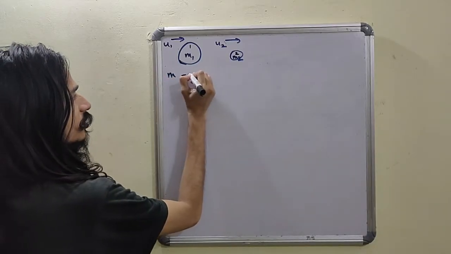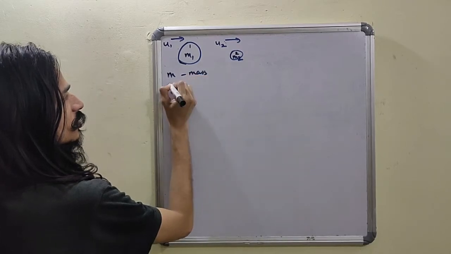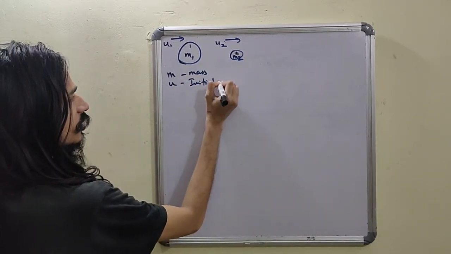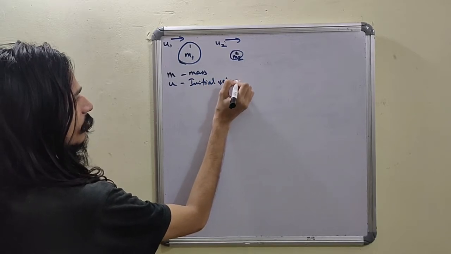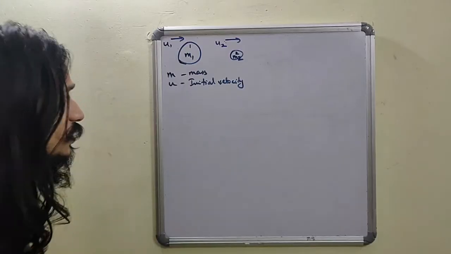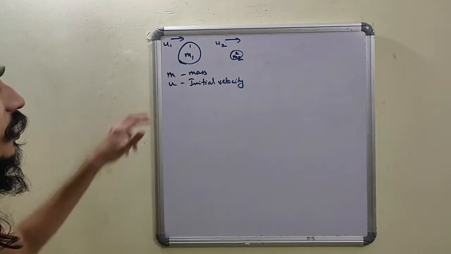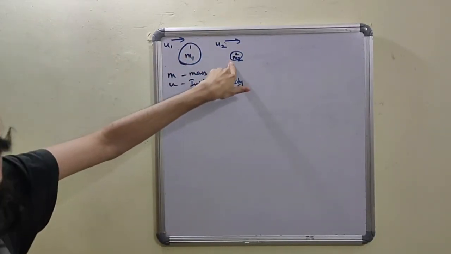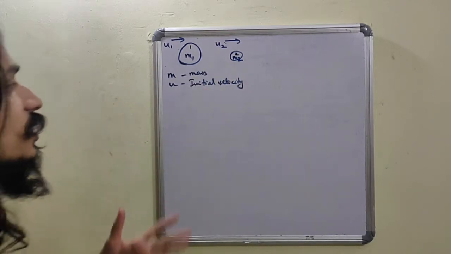m is nothing but mass, u is initial velocity. You'll see why I'm saying initial. So to start, they are moving with those speeds. Now if this object comes faster, at some point it's going to crash into this object, it's going to hit it.